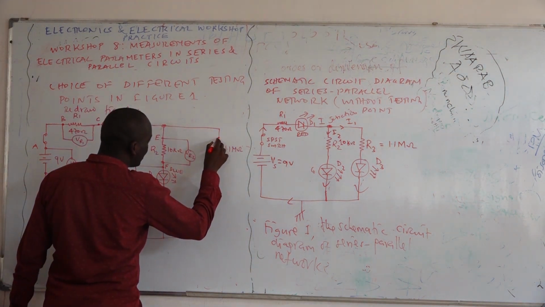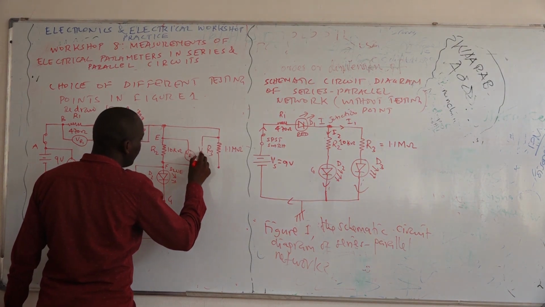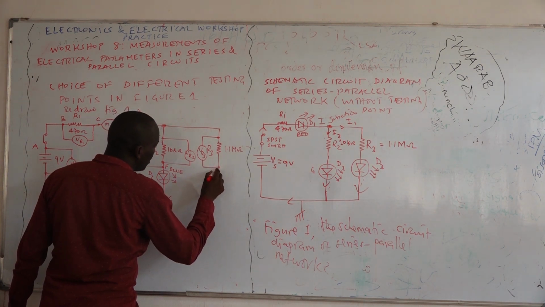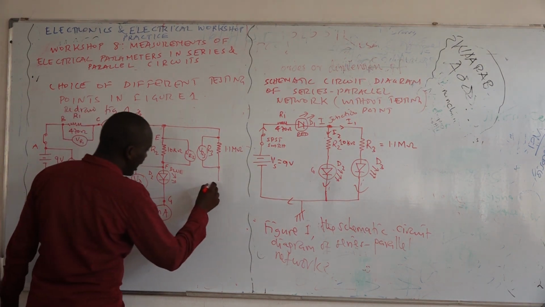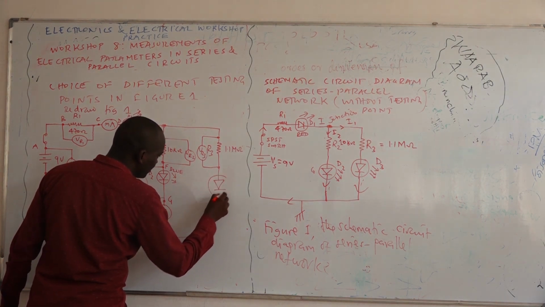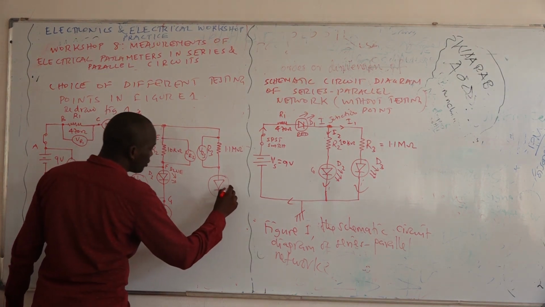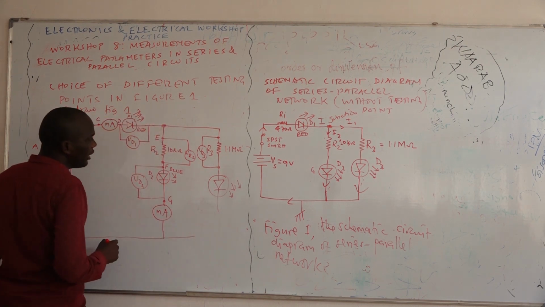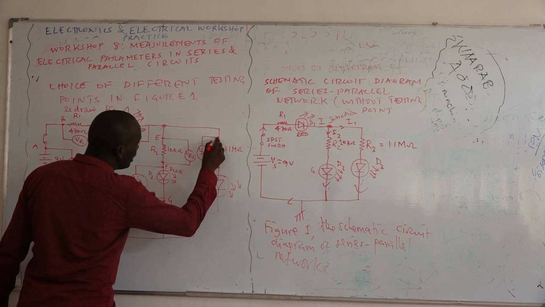So this is another testing point, V across R3. Then we have another LED, light emitting diode. So this one is emitting light.